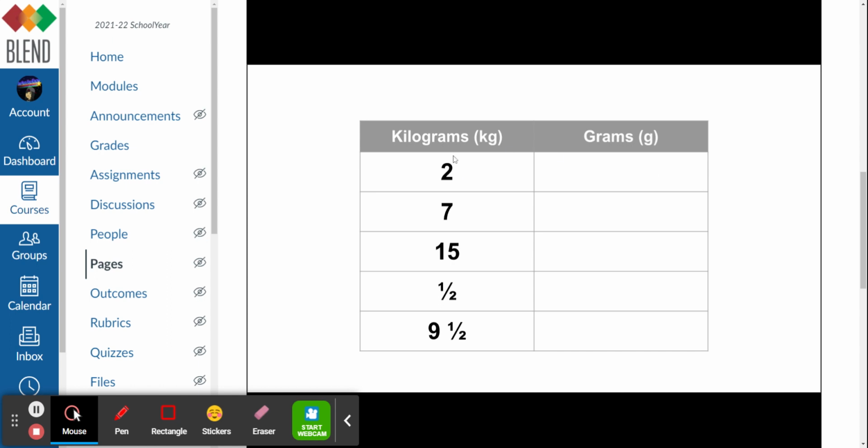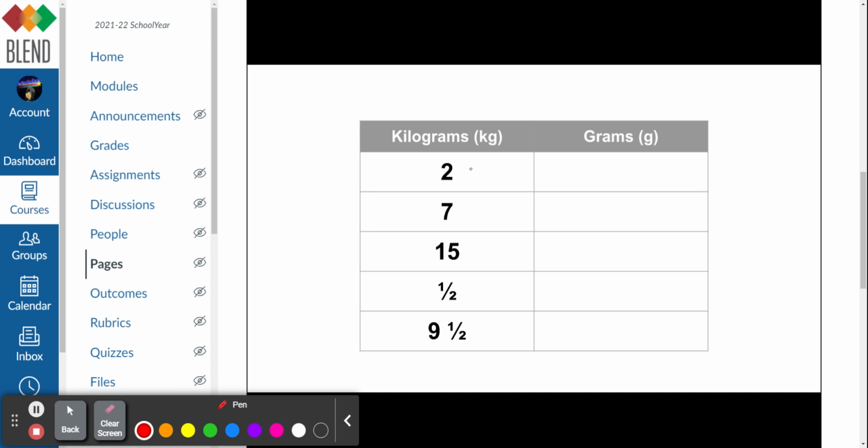All right, so let's find out how many grams are in each amount of kilograms. What we're going to do is multiply everything by 1,000 to find out how many grams are in the amount of kilograms. We're going to take the amount of kilograms and multiply it by 1,000. So when we come back over here, there we go.